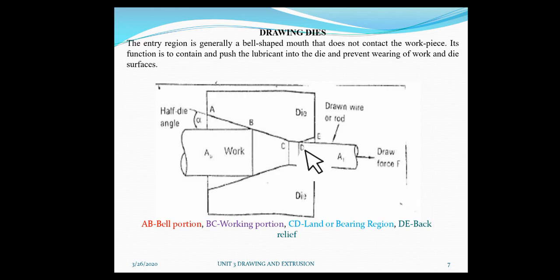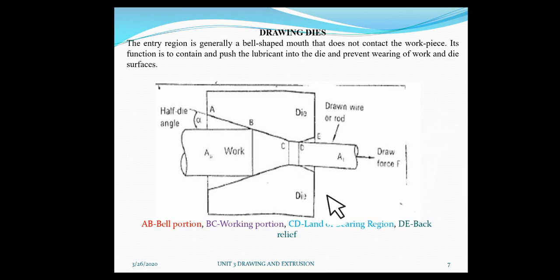It also minimizes the abrasion wear. Remember, very important: D is the back relief angle where the slight expansion of the work metal takes place while leaving the die material, and it also minimizes the abrasion wear.